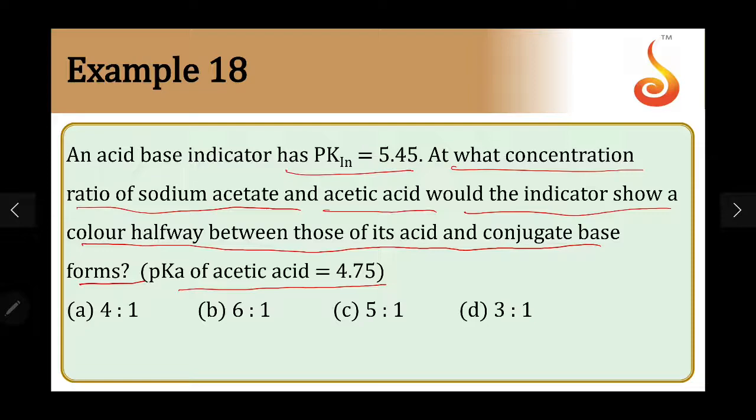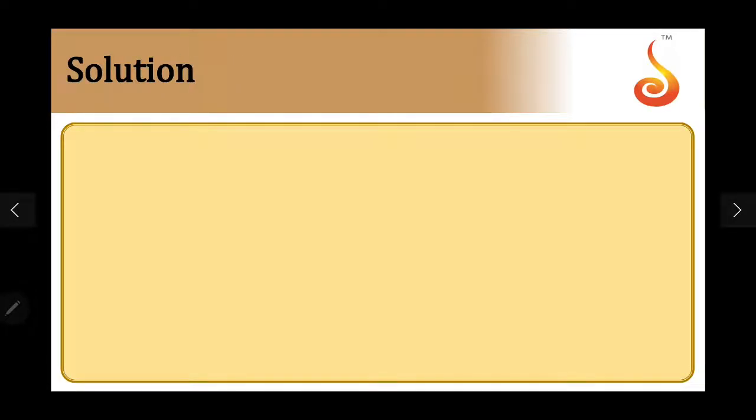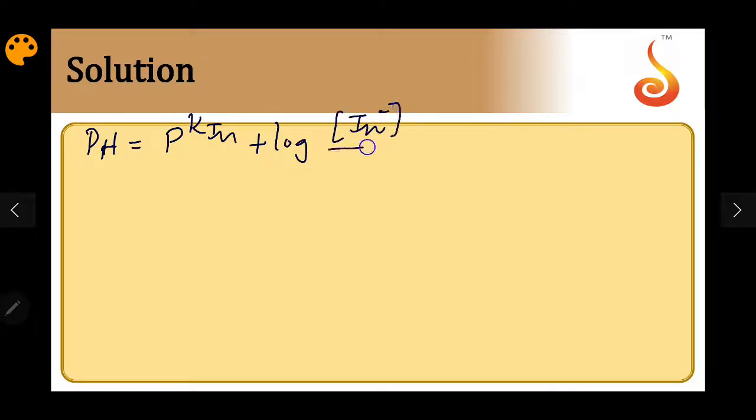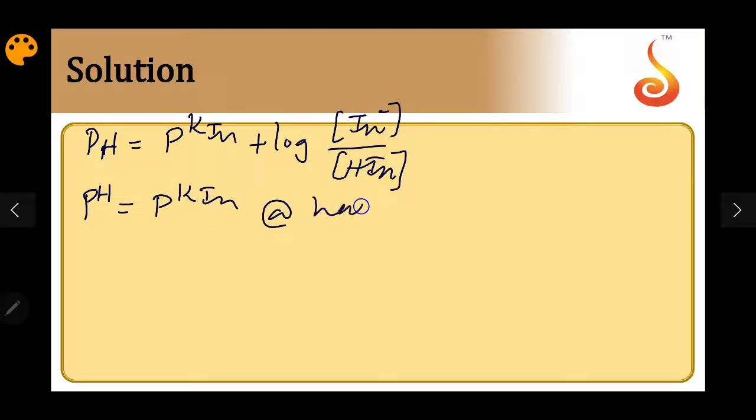So we go to the solution. As per the indicator equation, pH is equal to pKin plus log of In minus by HIn. So at halfway, pH is equal to pKin, which is equal to 5.45.